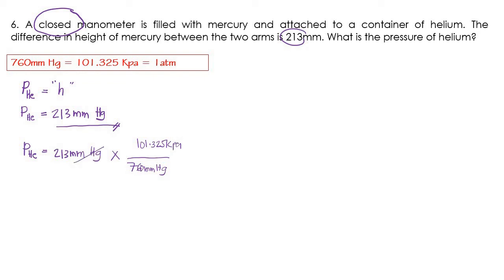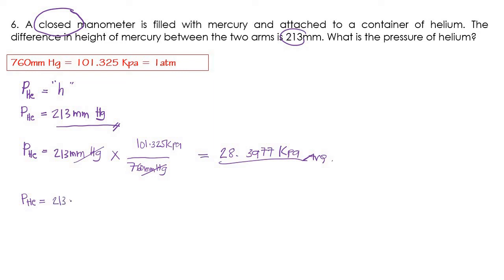So millimeter mercury will cancel out and we are left with the kPa. So this is simply 28.3977 kPa. Answer.